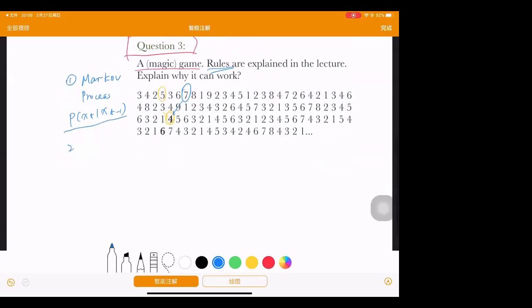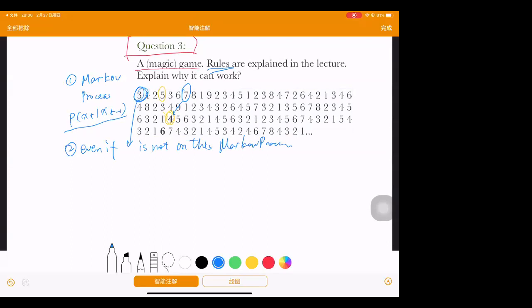And secondly, let's say even if you have a choice which does not fall onto this Markov process at the beginning, then what will happen?